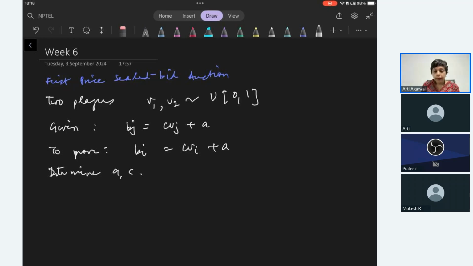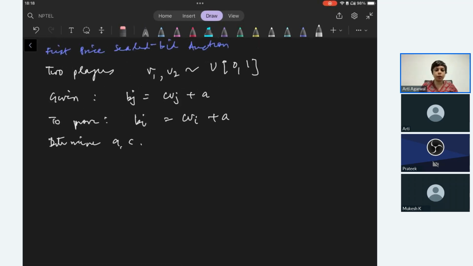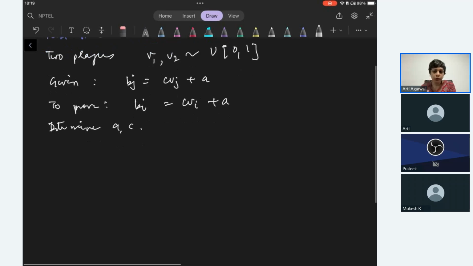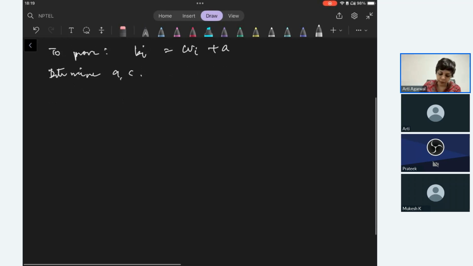You're given that the other player, your opponent, has a linear strategy of this form, C Vj plus A. And you have to prove that if the other player's strategy is this, then your best response is also going to be linear in the same form. And while you're at it, you have to also determine the values of A and C. So we can start off simply by just writing the utility of player i.